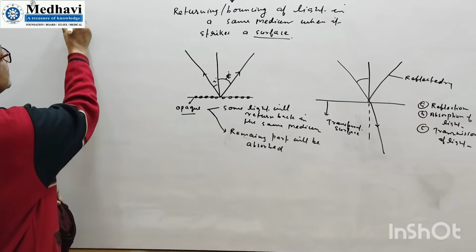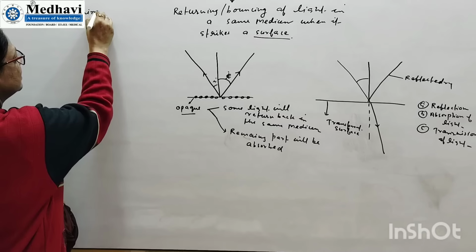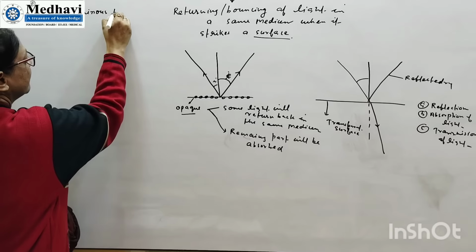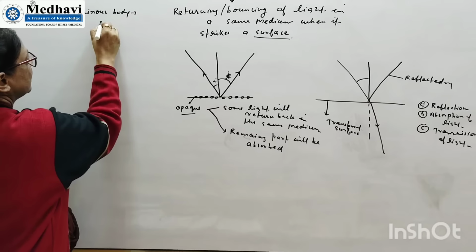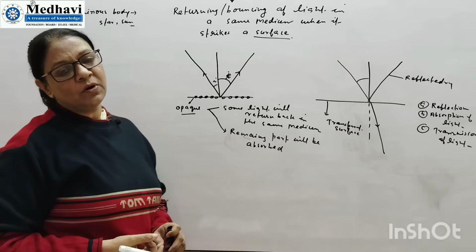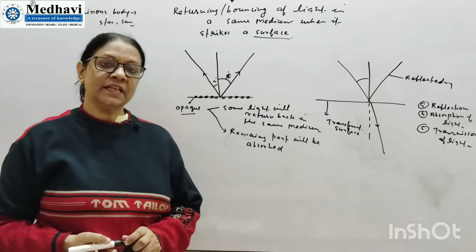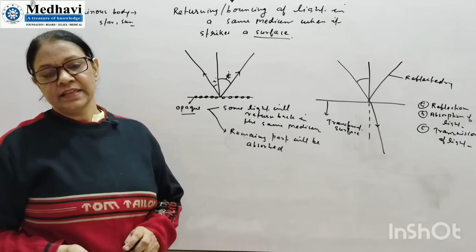Second thing, there are two types of body. First is the luminous body, like star, like sun. Luminous bodies have their own light. They produce light themselves, so they are visible, they are seen by us.